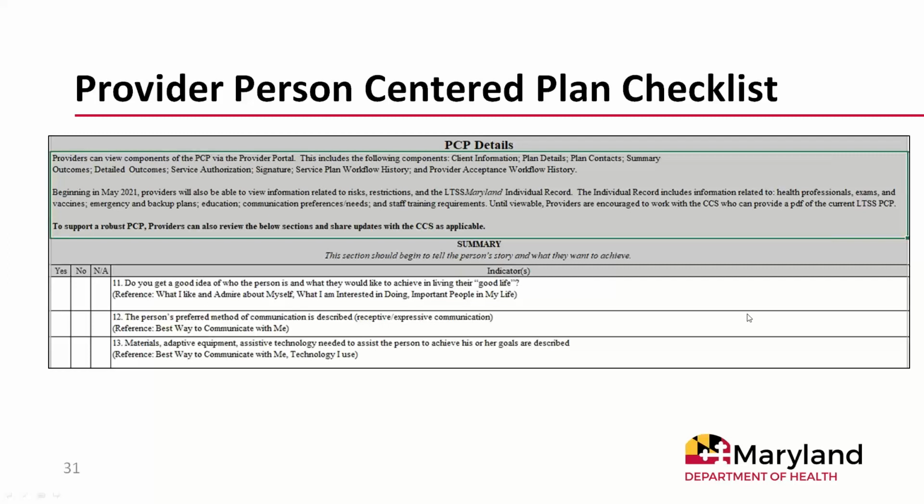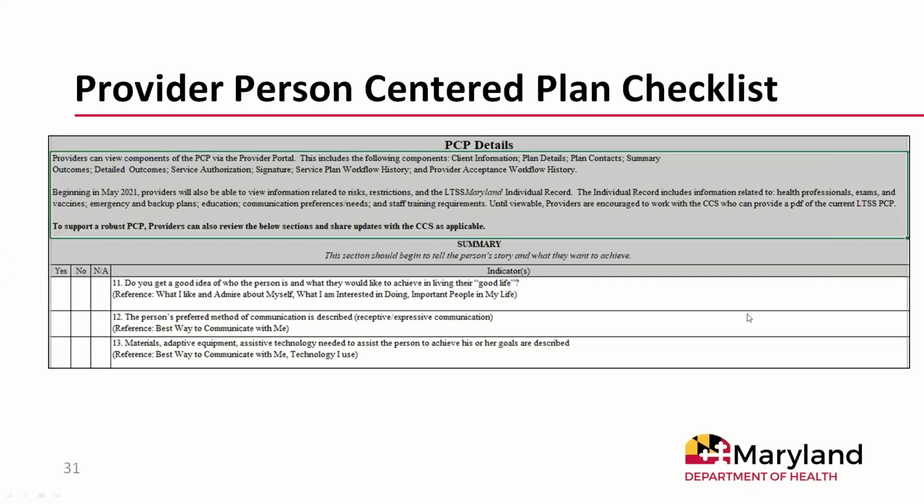The individual record includes information related to health professionals, exams and vaccines, emergency and backup plans, education, communication preferences and needs, and staff training requirements. Until viewable, providers are encouraged to work with the CCSs, who can provide a PDF of the current LTSS, PCP, and individual record so that they can review and share updates.